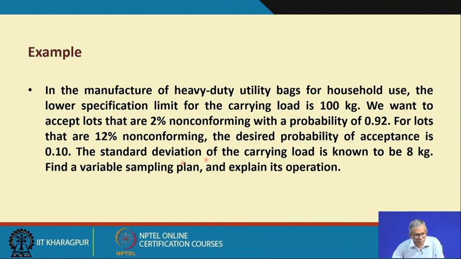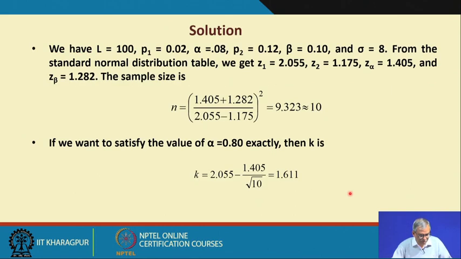For lots that are 12% non-conforming, which is very bad quality, the desired probability of acceptance is still 0.10. So this is basically the consumer's risk. The standard deviation of the carrying load is known to be 8 kg. That means this is the standard deviation known case. Find a variable sampling plan and explain its operation.